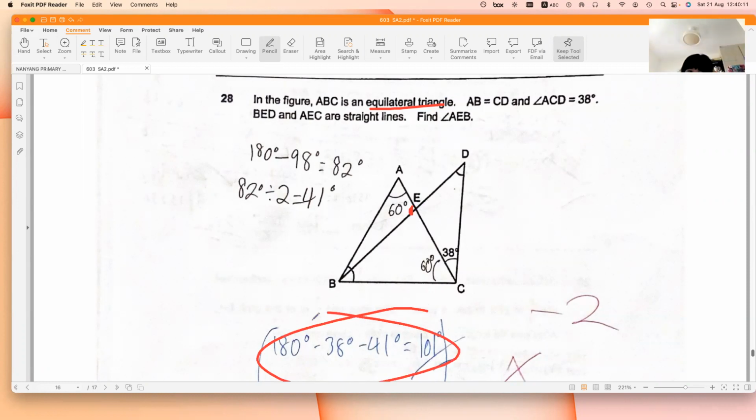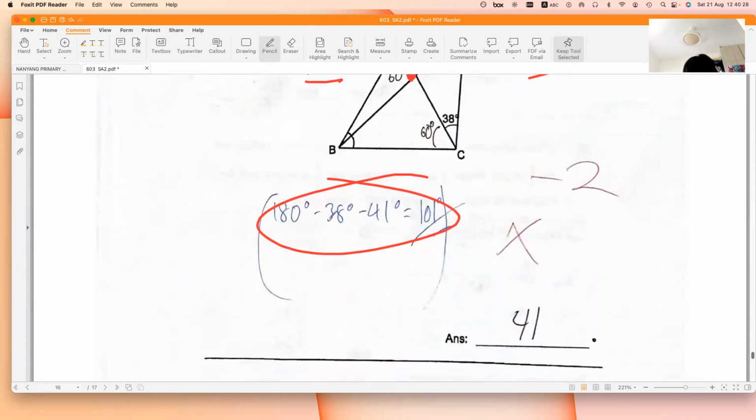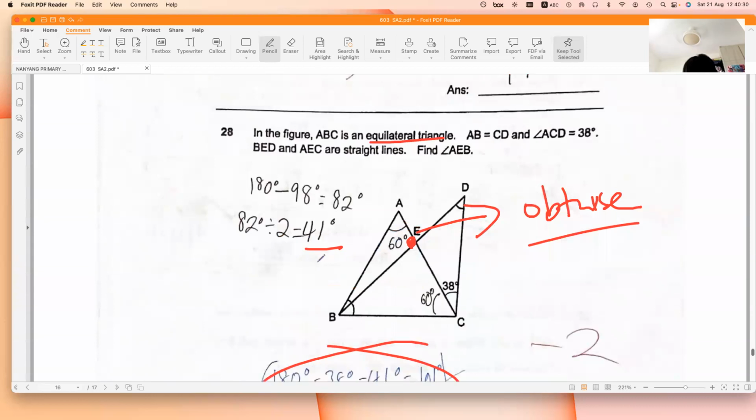But what I'm not satisfied with here, or what you should not be satisfied or disappointed about, is that you can clearly see AEB is an obtuse angle. When it's an obtuse angle, your answer is 41. 41 is an acute angle.